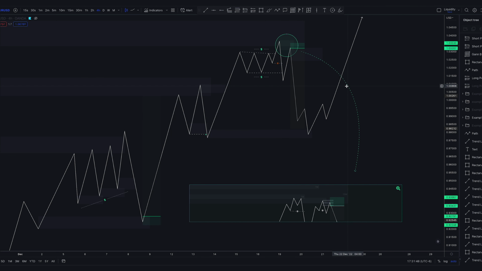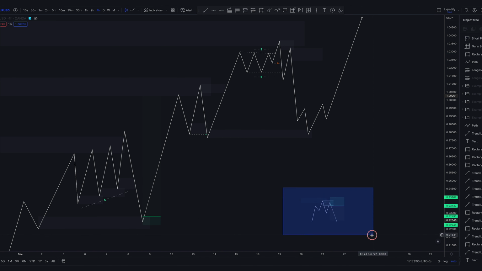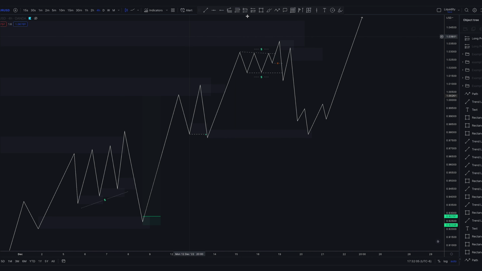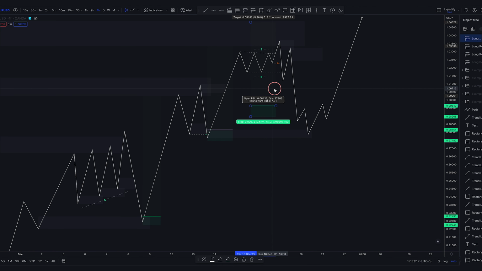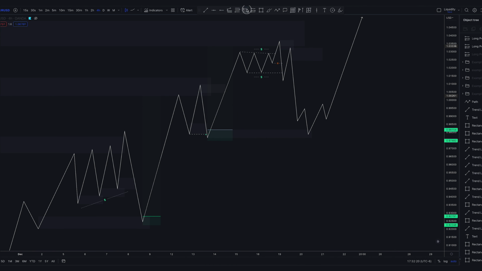Okay, so let's continue so this doesn't drag on for crazy long. Another and last example we're going to be looking at. We already took, let's see here, the longs from here, boom, targeting those highs, and now I need a short one.